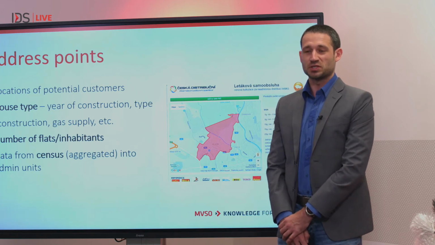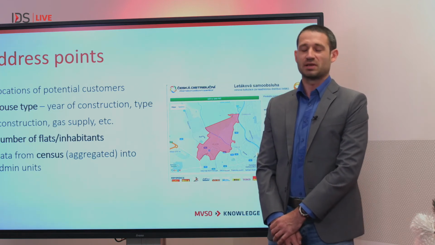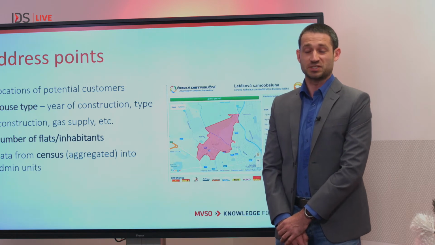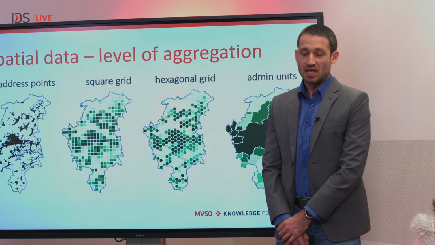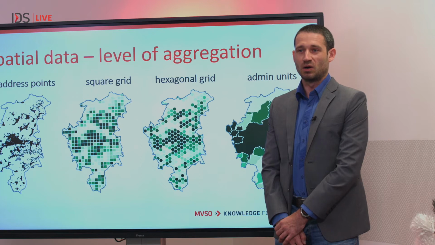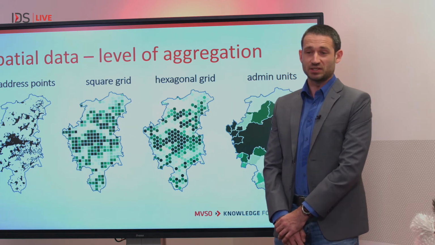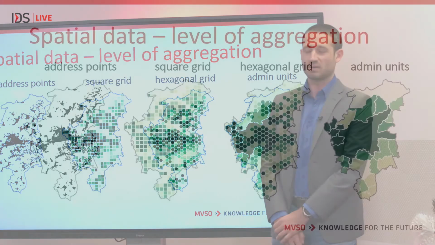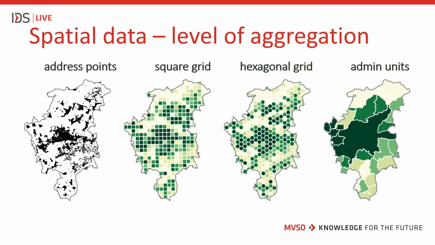Additionally, these address points can be linked with a lot of spatial data, a lot of statistical data. It depends what level of aggregation you will choose. At the beginning, mostly we have points. Like during censuses, which are done in many countries, in the Czech Republic we currently have our census.